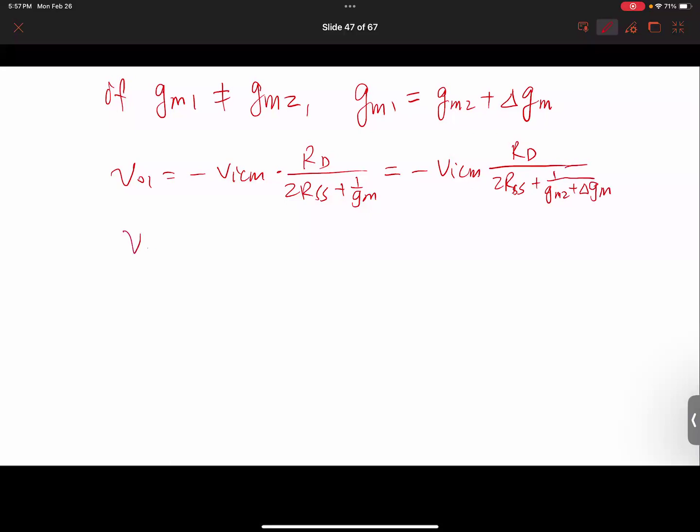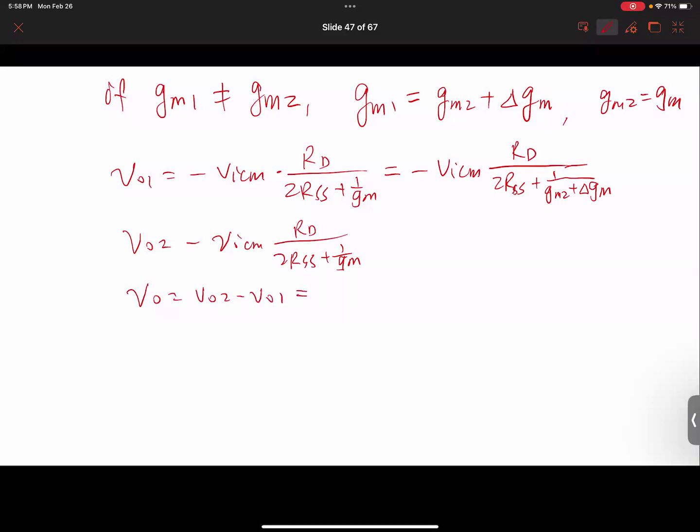Then we can have VO2, which is not going to change, because RD over 2 RSS plus 1 over GM, and so GM2 is equal to GM. So we're going to now use VO equal to VO2 minus VO1.